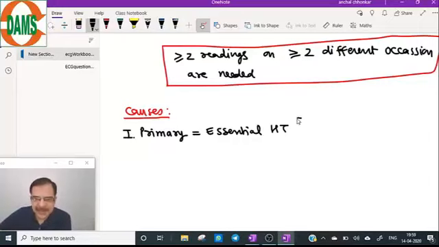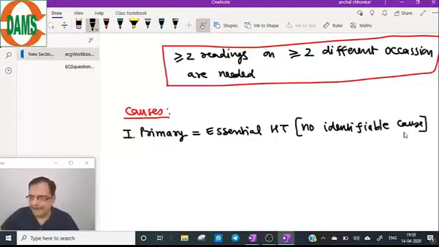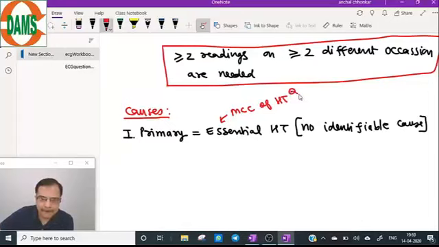There is no identifiable cause of the hypertension. Indeed, this is the most common cause of hypertension. Essential: no identifiable cause.